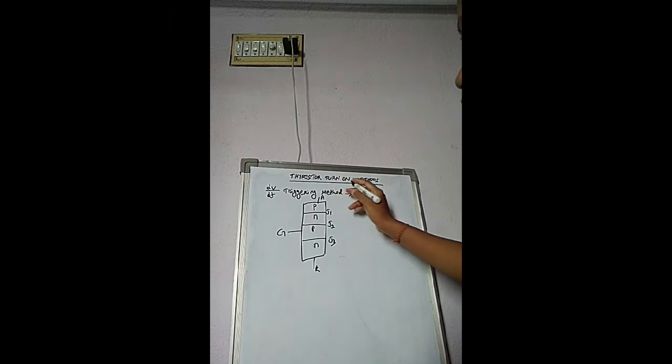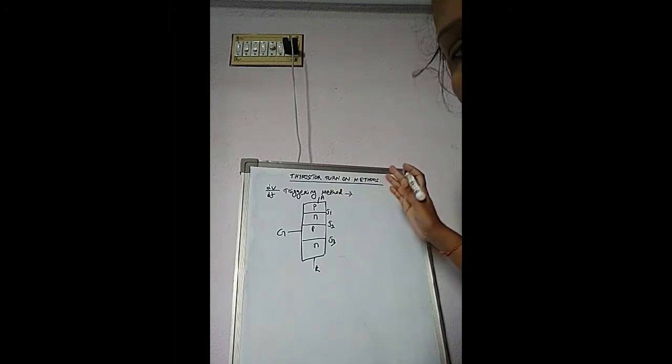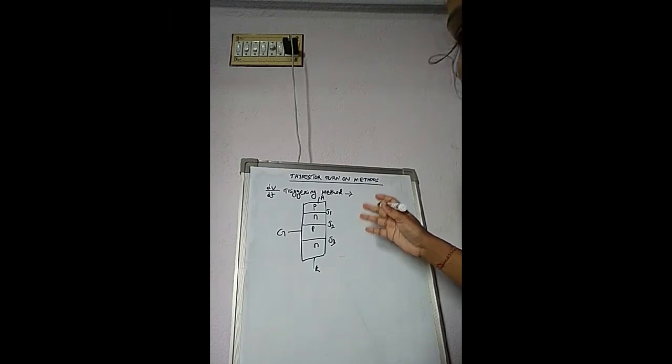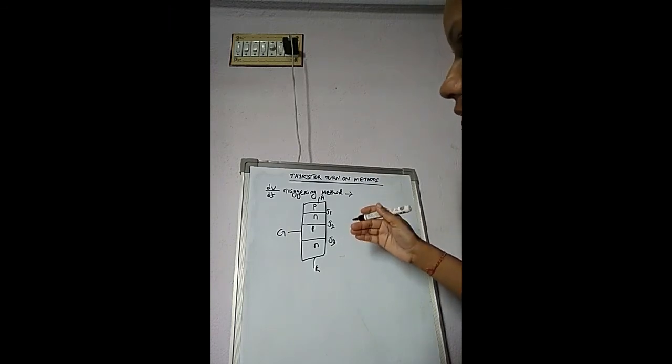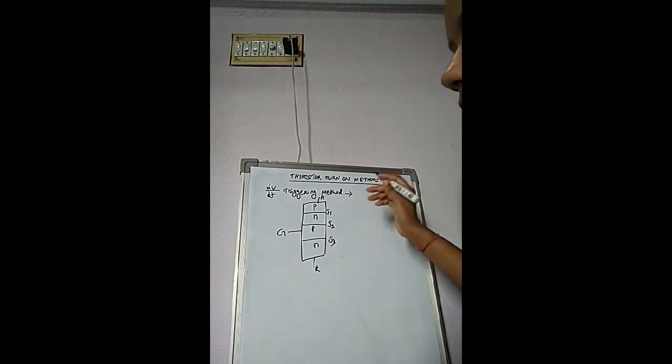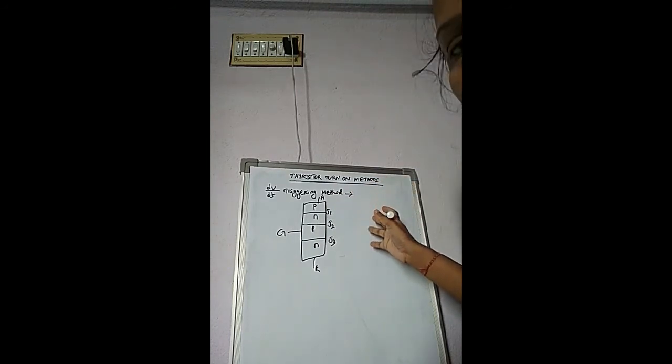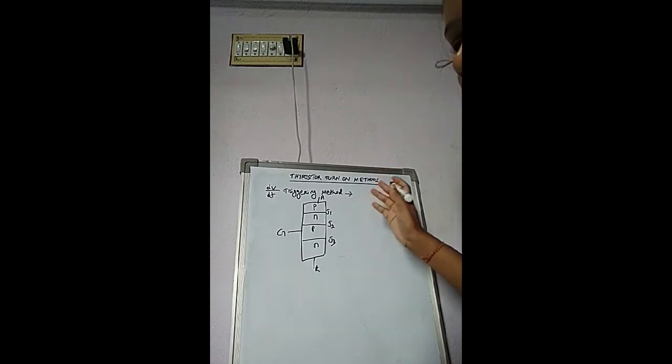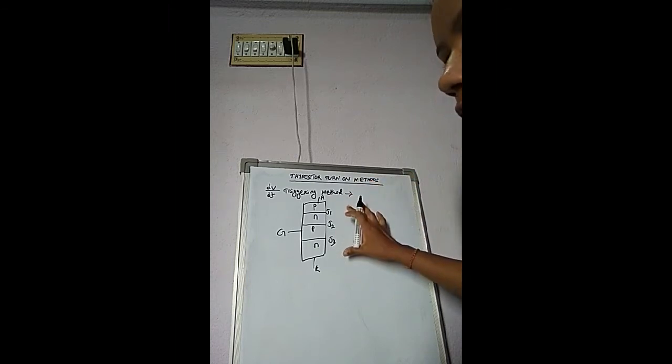Under thyristor turn-on methods, we already discussed forward voltage triggering and gate triggering. The next triggering method is the dv/dt triggering method. In this topic, we will discuss how the thyristor switches from the off state to the on state in dv/dt triggering.